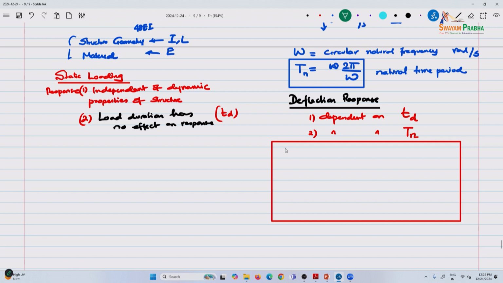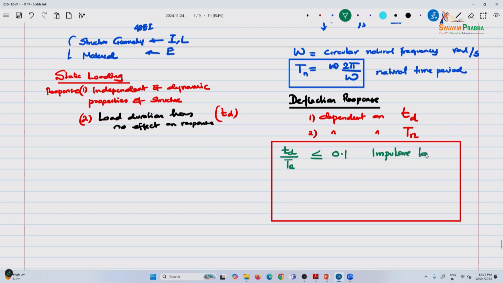So, there are 3 different ratios. What is the ratio here? The ratio of the load duration to the natural circular frequency, time period. If this, and there are other metrics also, this is considered, the load itself is different.